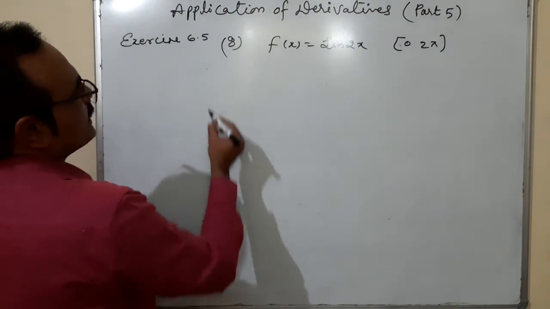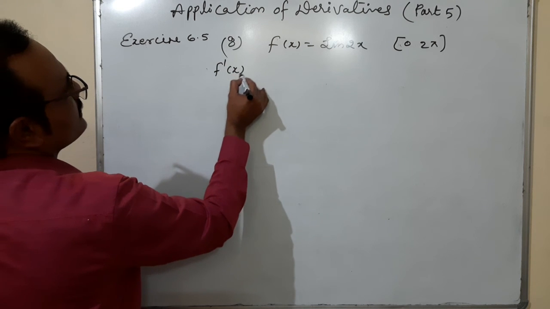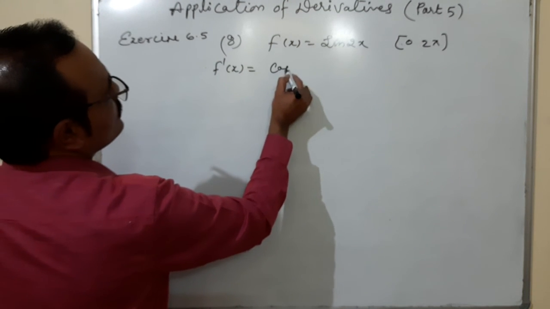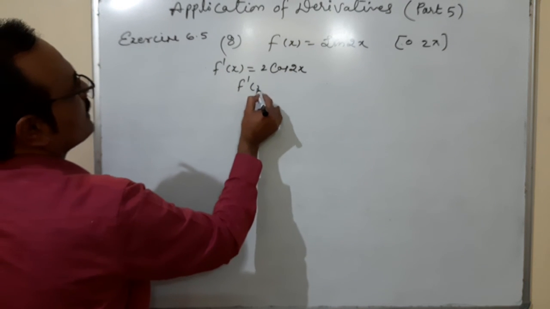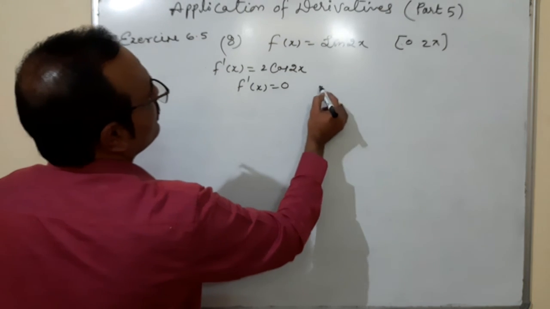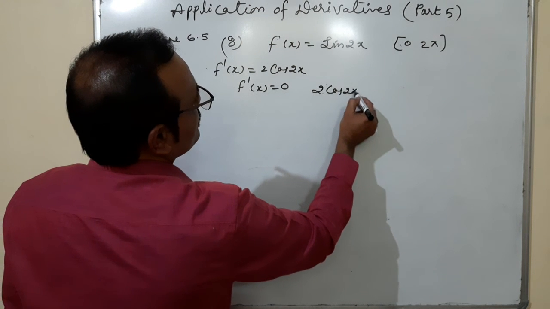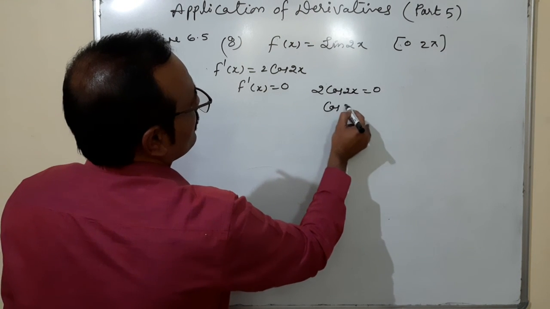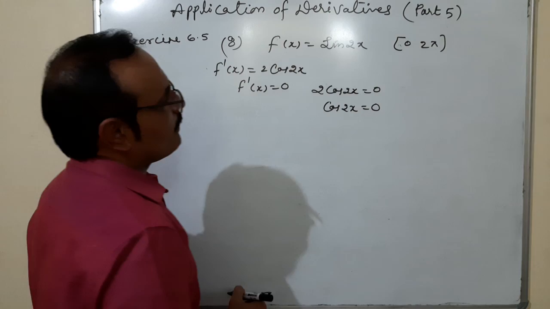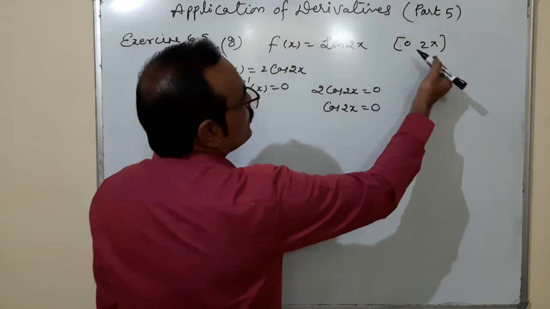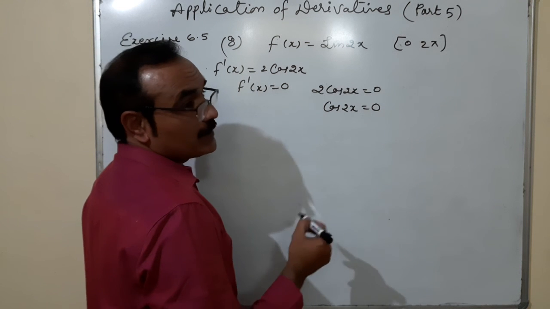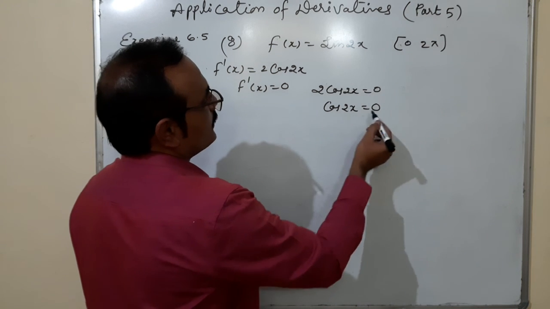Same procedure, first derivative. f dash x, the derivative of sine 2x is cos 2x, multiplied by again 2. For f dash x is equal to 0, for maxima and minima, 2 cos 2x is equal to 0, cos 2x is equal to 0. Where between 0 to 2 pi do you get a 0?